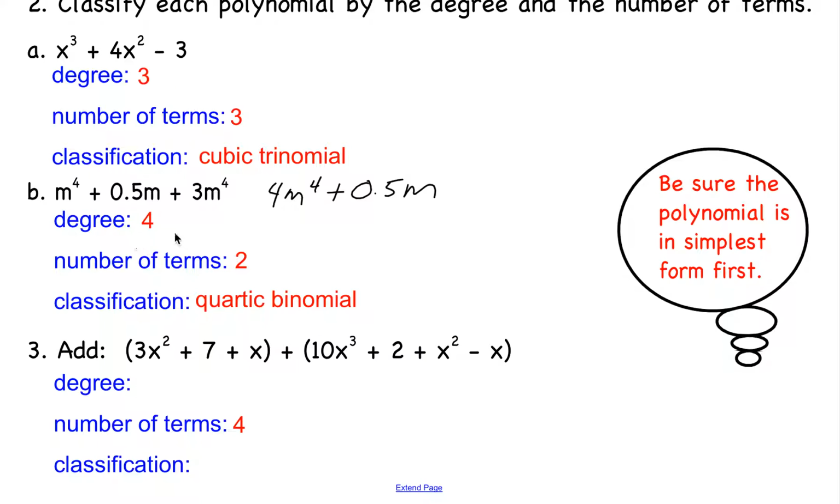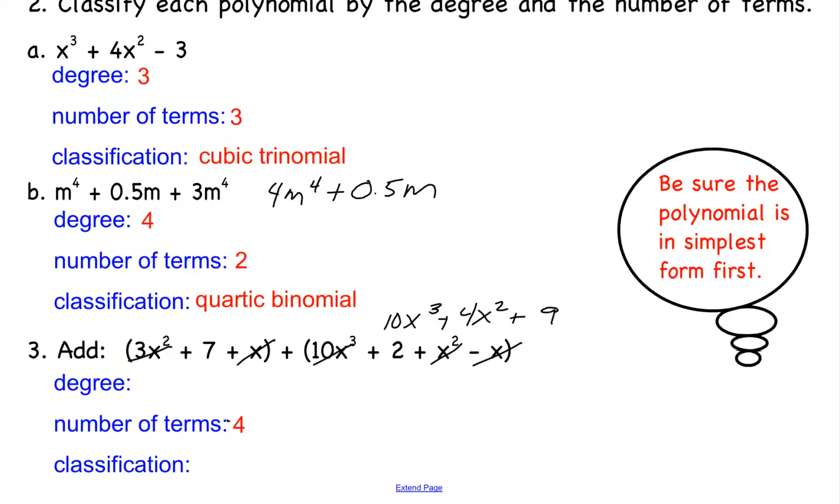Actually, I think there's a mistake there. Let me write this out before I get running through here. So we have 10x cubed plus 4x squared, and let me just cross these out as I deal with them. I've dealt with that one, and that one, right? And then we have a plus x and a minus x, right? So that drops out, and then we have a plus 9.